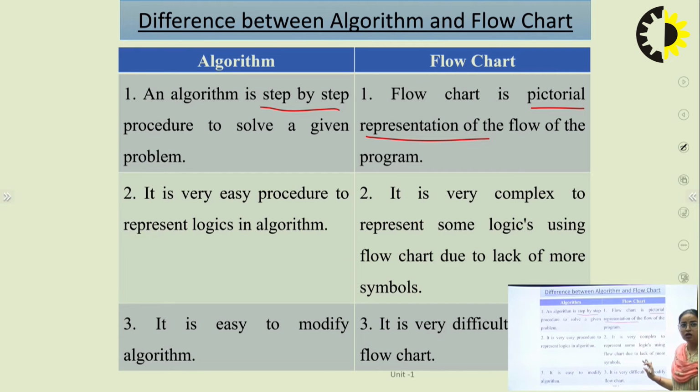But in a flowchart it is a little bit difficult to represent logic as compared to an algorithm, because we are using symbols, and it is a very complex task to represent every logic with symbols. Why is this happening? Because of the lack of symbols, since we use only 6 symbols in our flowchart. So designing a complex problem is very difficult for us.